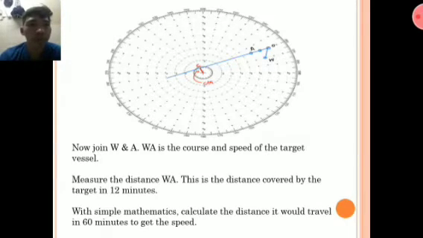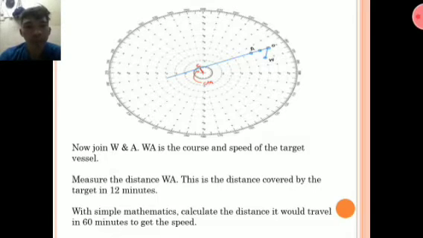So this is the result of our plotting. So now join W and A. And WA is the course and speed of the target vessel. So measure the distance WA. This is the distance covered by the target in 12 minutes.